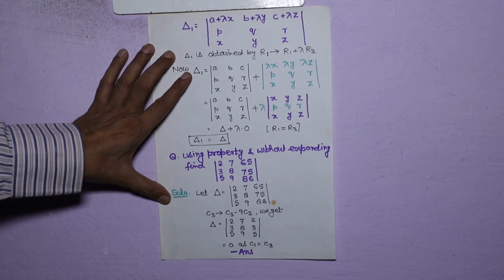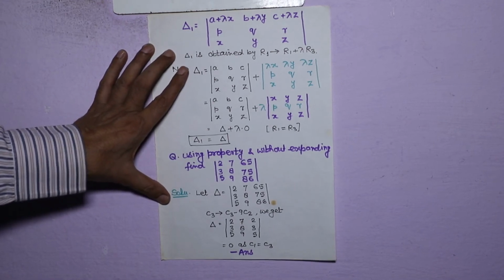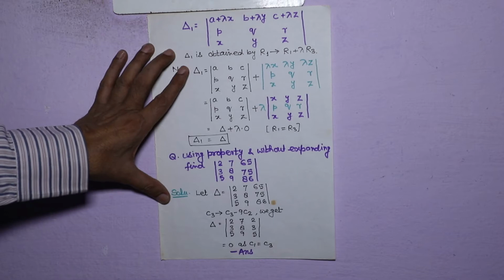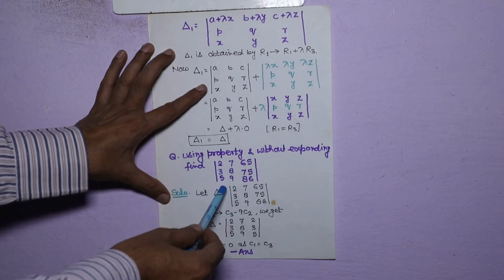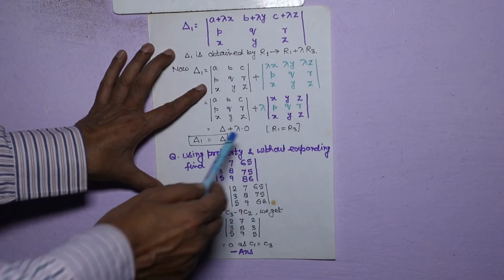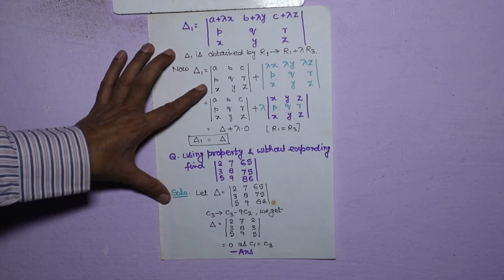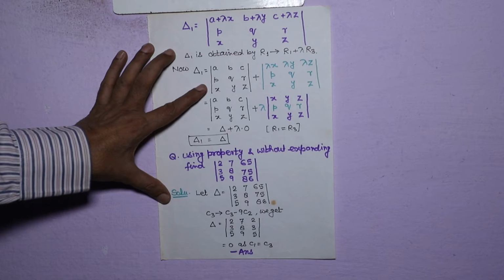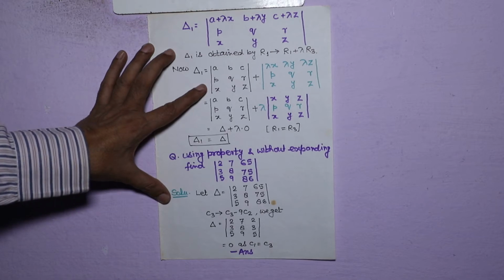So students, you have learned these properties, and you can use these properties to expand the determinant easily. For example, 2, 3, 5, 7, 8, 9, 65, 75, 86. You can see the numbers in the third column are larger than the first and second.